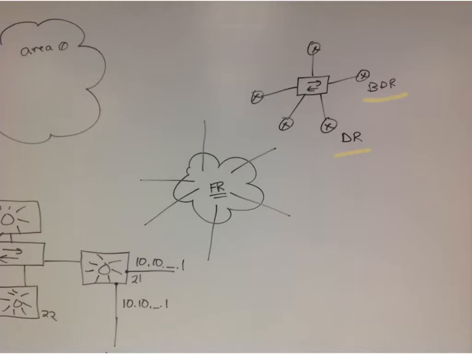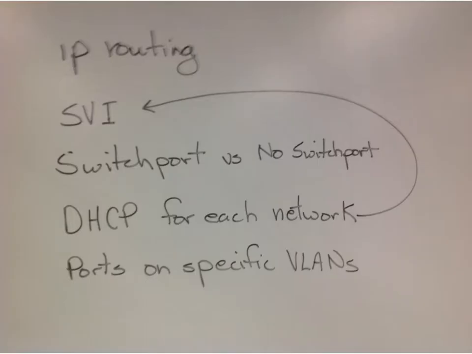Here's where we looked at an example. On this multi-layered switch, you'd have to initiate the routing. Now on older versions of the IOS, notice that's a capital I, older versions of the IOS, newer ones, this might be the default.